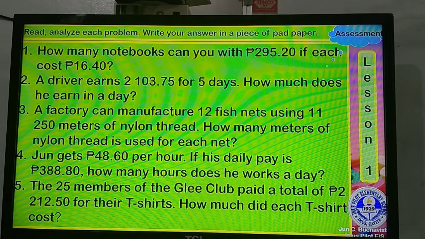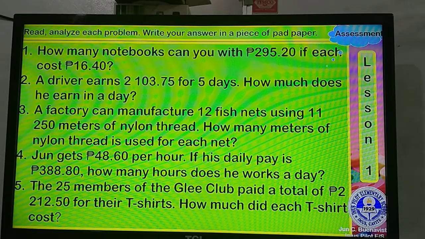If his daily pay is 388 pesos and 80 centavos, how many hours does he work a day? Number 5. The 25 members of the Glee Club paid a total of 2,212 pesos and 50 centavos for their t-shirts. How much did each t-shirt cost? So that is for lesson number 1.